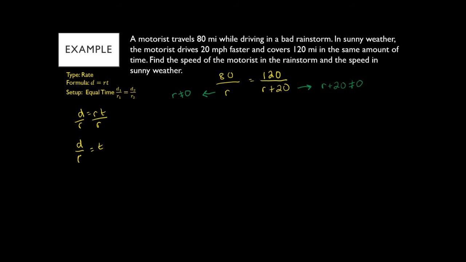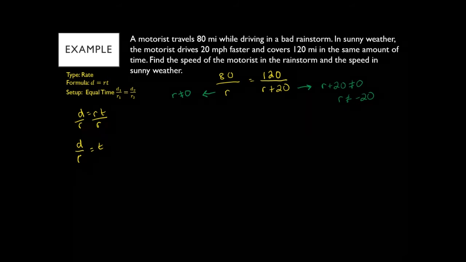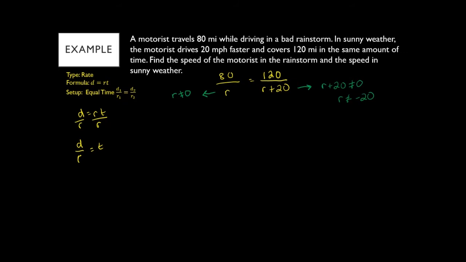If I solve R plus 20, this tells me that the rate cannot equal negative 20, which is no problem because we're not going to have negative speed. If we got a negative number for our speed, that would be a problem. But just in regards to our equation, we can't get a speed of 0, and we can't get a speed of negative 20, or it causes problems in the actual equation.